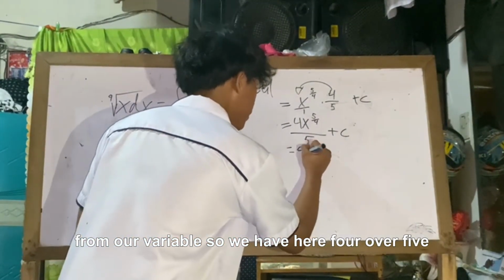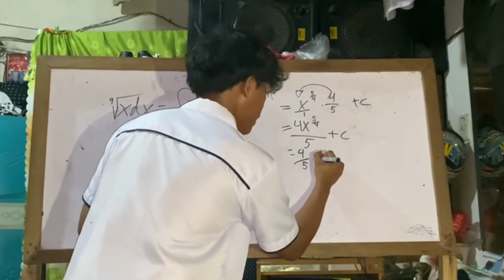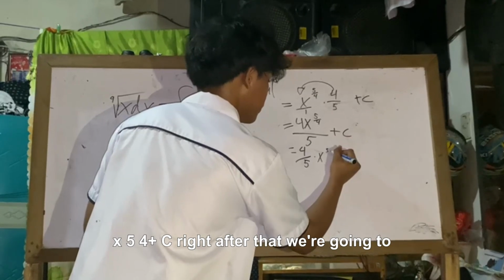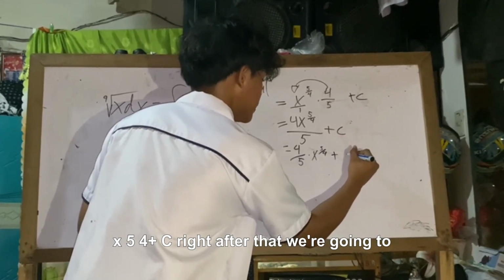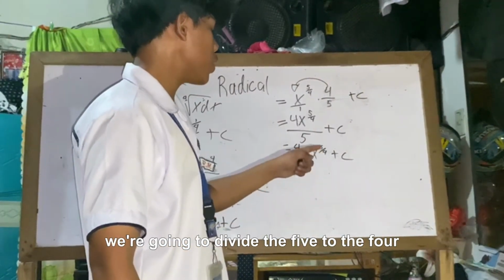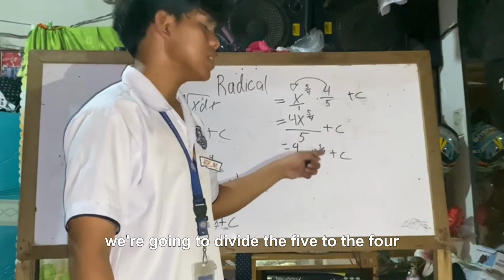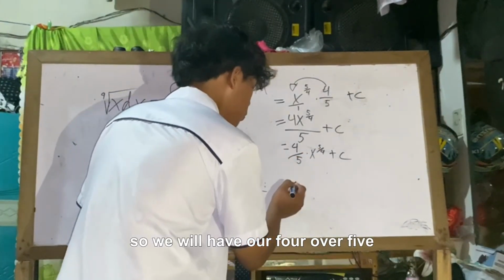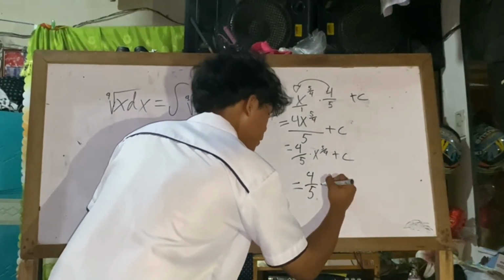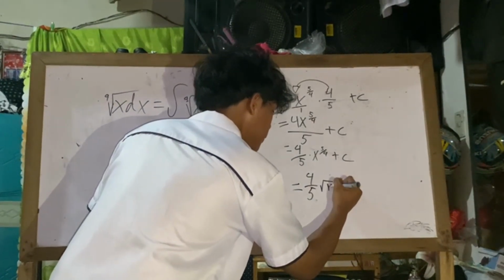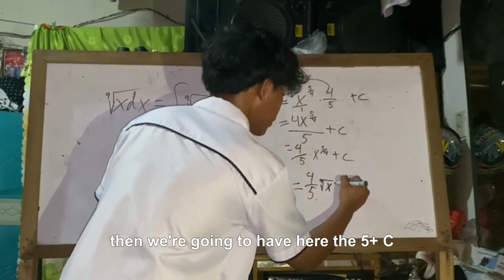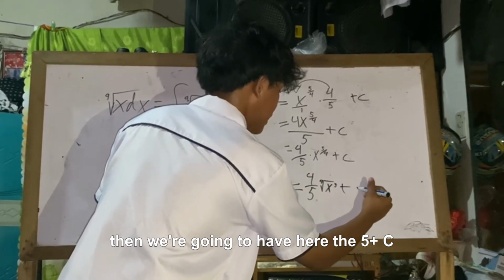So we have here 4 over 5 times x to the 5 over 4 plus c. Right after that, we're going to divide the 5 by the 4.